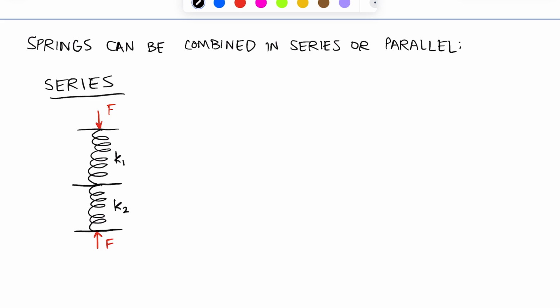So each spring is contributing to the total deflection. And so to find the total spring constant that is a combination of these two, we take 1 over K1, we add 1 over K2, and then we invert that to find the total equivalent spring rate.